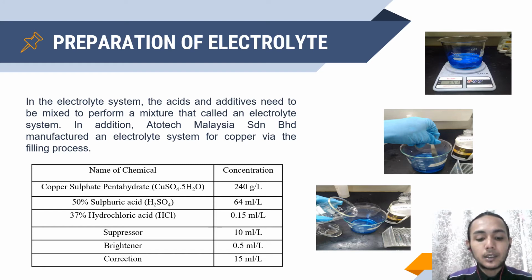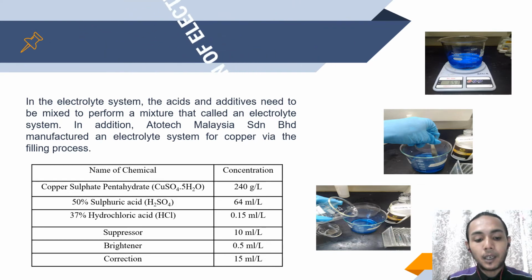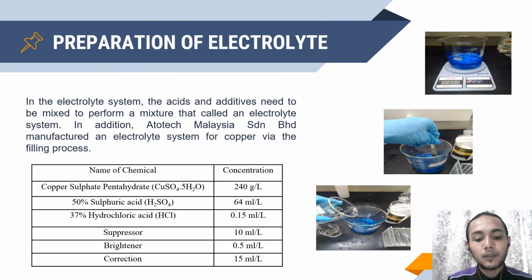In the electrolyte system, the acid and additive need to be mixed together to form a mixture called an electrolyte system. In addition, Attach Malaysia Sdn Bhd manufactures an electrolyte system for the copper via filling process, as shown in the table.